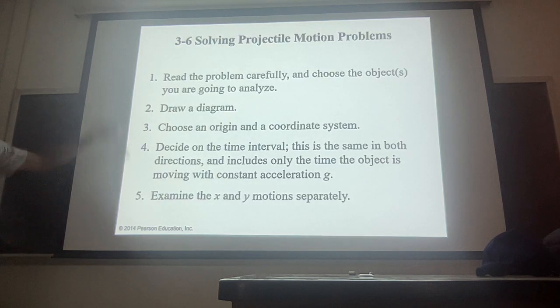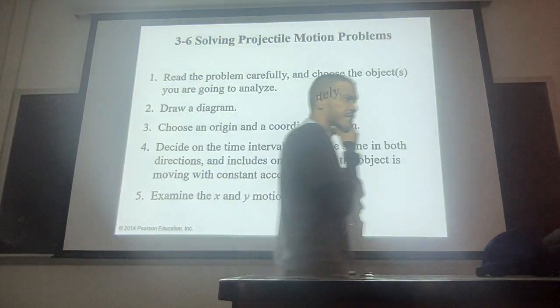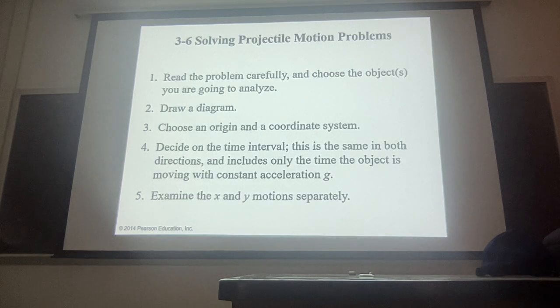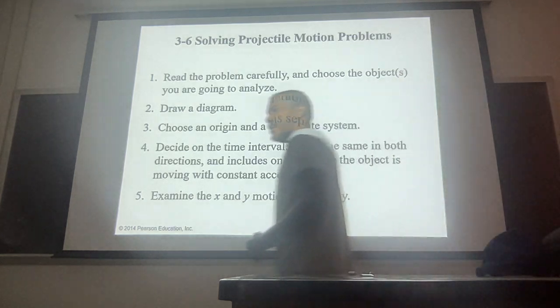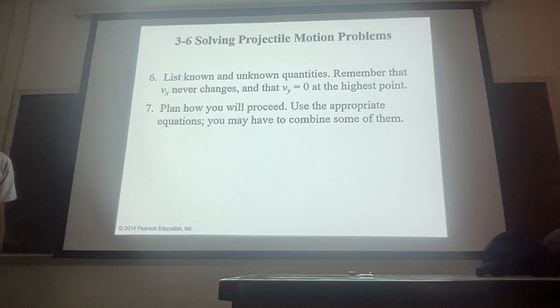All right. So like always, we go over a problem-solving procedure because that's important in physics. That's the meat and potatoes of what we do. It's problem solving. So we've got a strategy and we're going to use it.